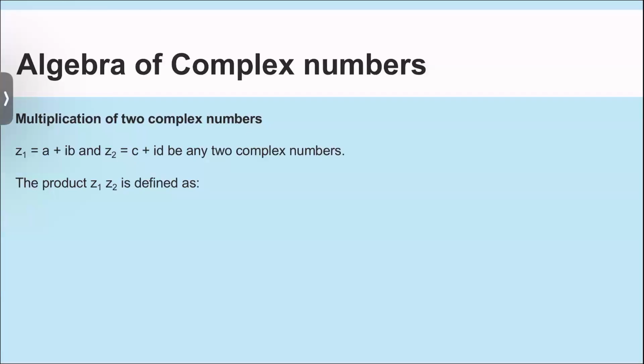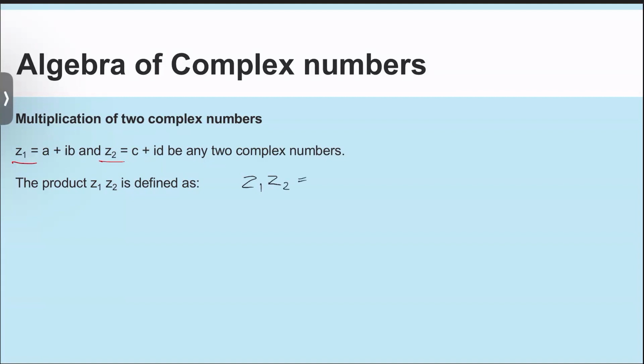Consider two complex numbers, Z1 and Z2. Z1 is A plus iB and Z2 is C plus iD. When we are defining the product, we want to find the product of Z1 and Z2.